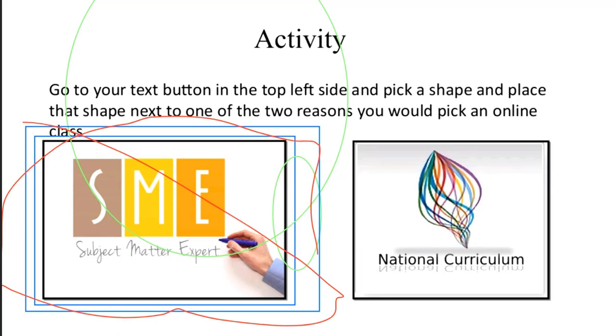Someone can be a subject matter expert, but they could be a poor instructor or not be able to create a curriculum. So having that standardized curriculum that people have agreed is the best would be the best of both worlds, to have both those things together.